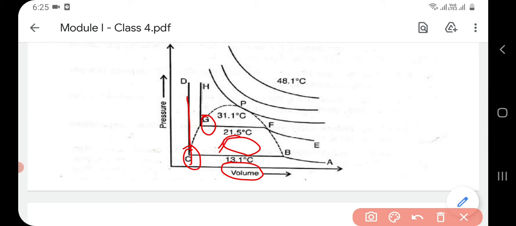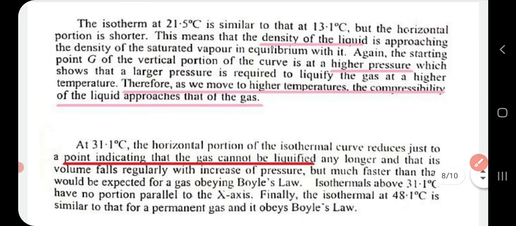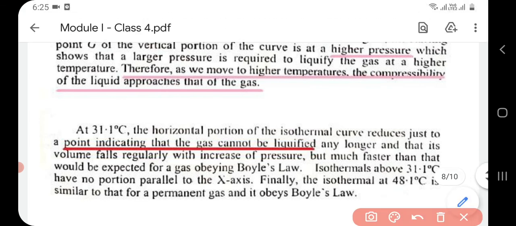G is at a higher pressure compared with C. It shows that high pressure is required to liquefy the gas at high temperature. So as we move to high temperature, the compressibility of liquid approaches the compressibility of gas.